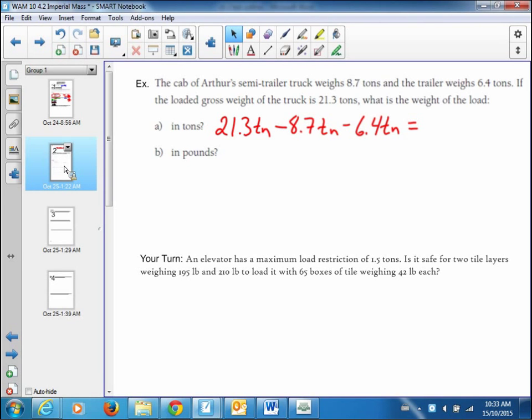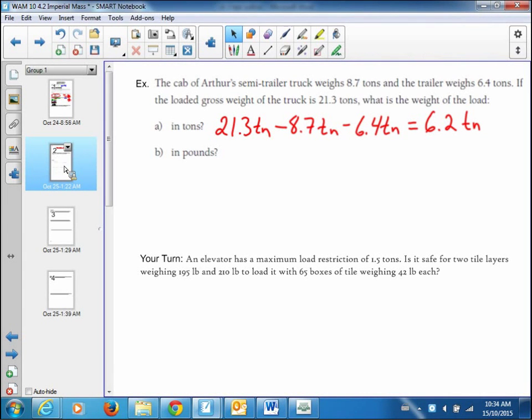Okay, I'll just check in a second here. So we got 21.3 minus 8.7 minus 6.4, and I get 6.2. Did you try that again? Yeah? Okay. No problem with the entry error.